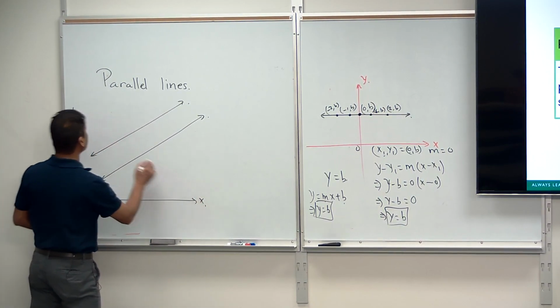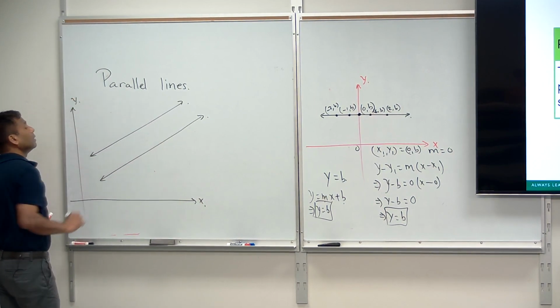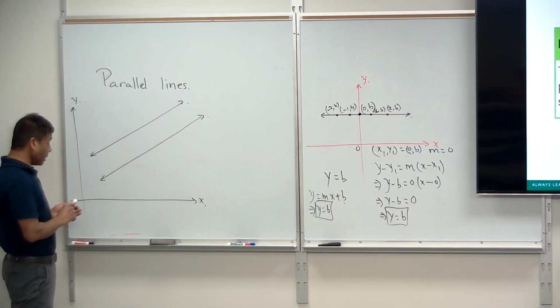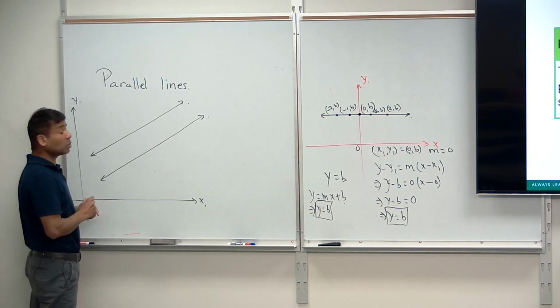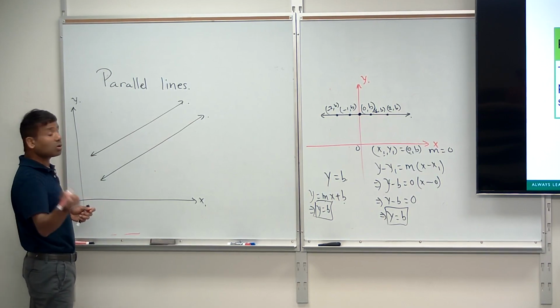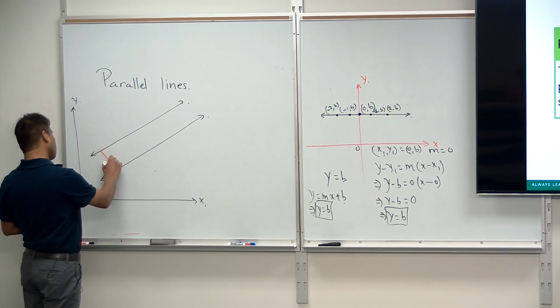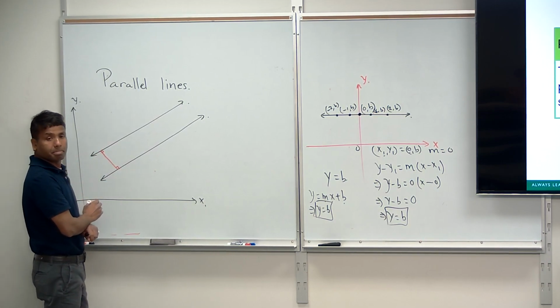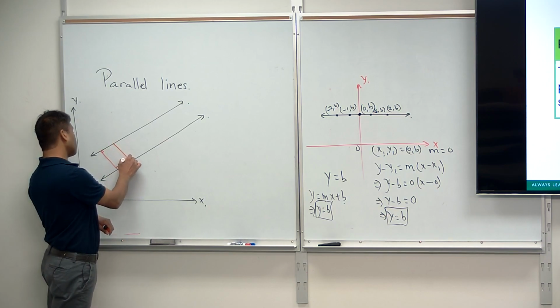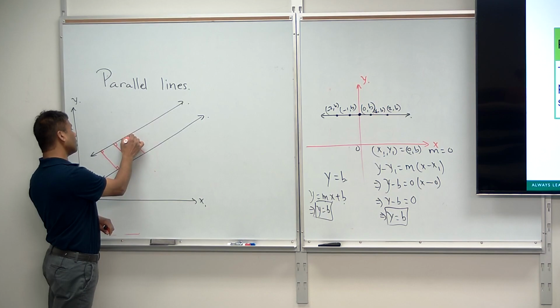So this is your x-axis, this is your y-axis. These two lines are parallel because the distance between them, meaning the perpendicular distance, like this distance, or this distance, or this distance, is always fixed. Are you guys with me?